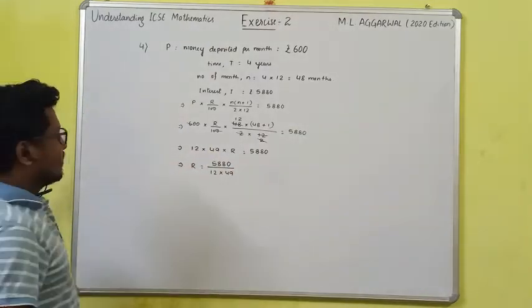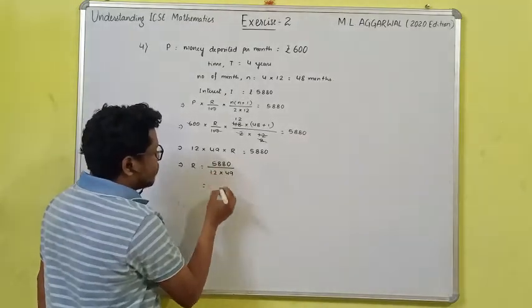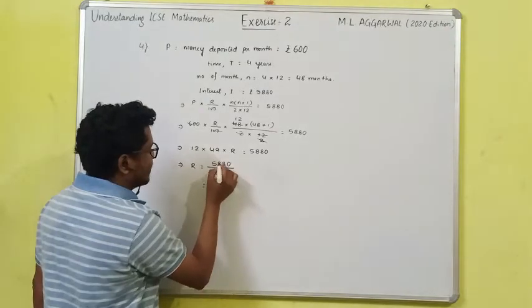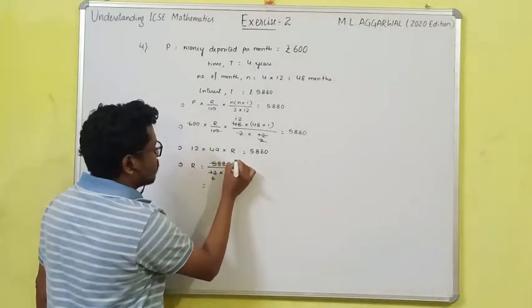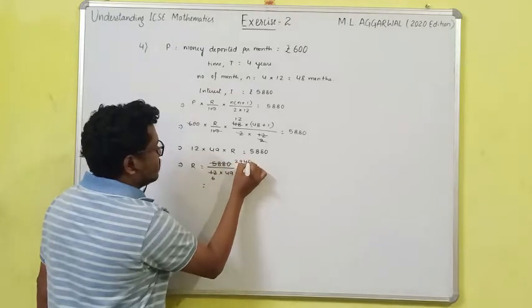Now cancel it. 0 is there, so if you cut it by 2, here it will be 6, here it will be 2, 9, 4, 0.